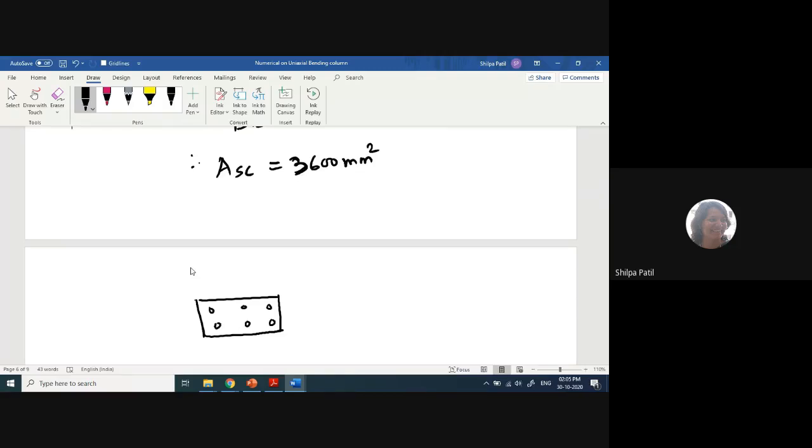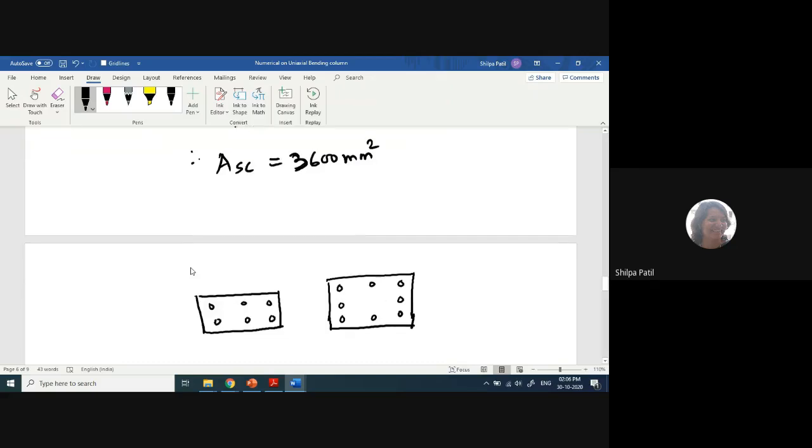So instead of considering 6 bars, I will consider 8 bars. Otherwise, if I go to 6 bars, my bar diameter required will be more. So I will provide like this now. This is my uniform distribution: 1, 2, 3, 4, 5, 6, 7, 8.